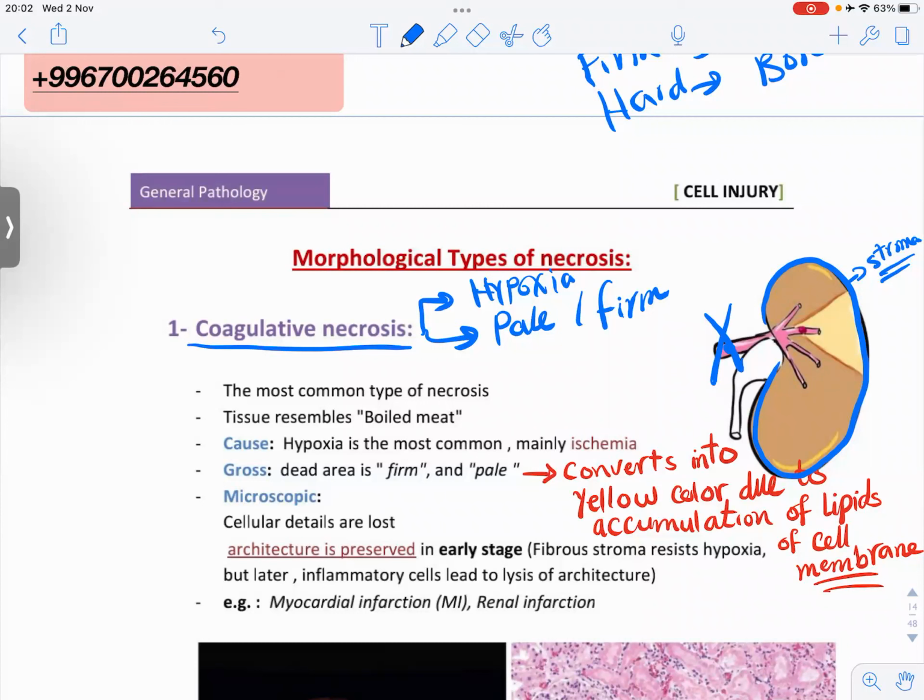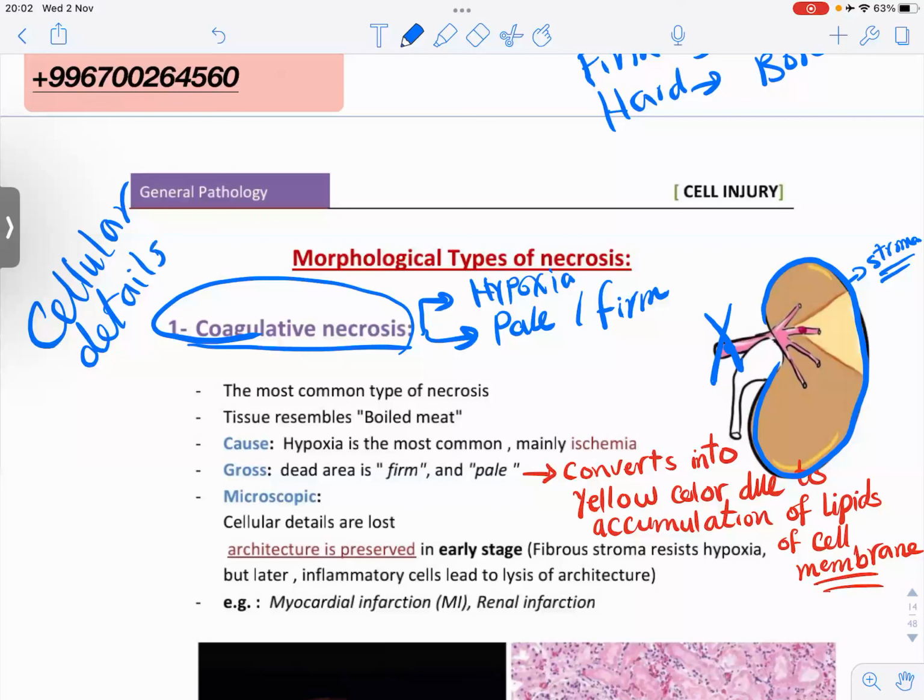In the early stage of coagulative necrosis, the cellular details, of course, are destroyed. The cells are destroyed because there's no cell membrane, no nucleus, no mitochondria. But the architecture, meaning the outer structure, in the early stage is preserved.